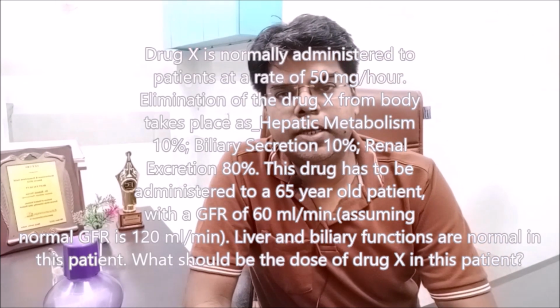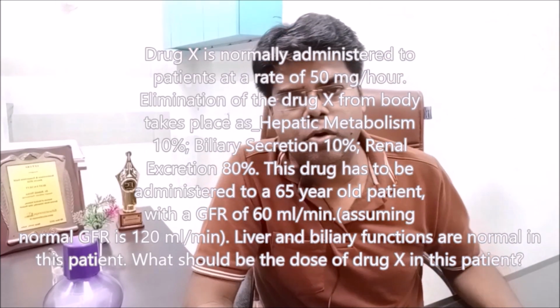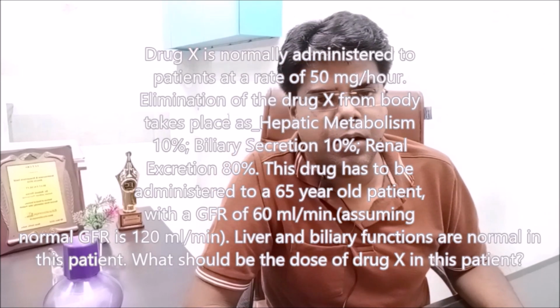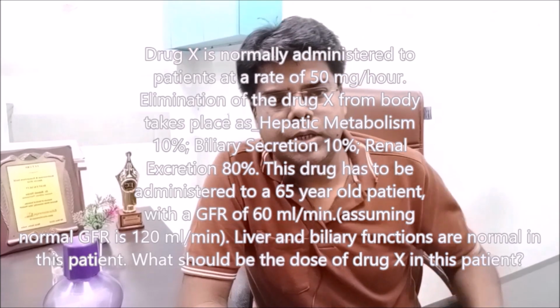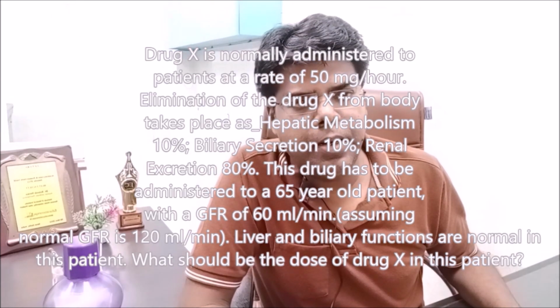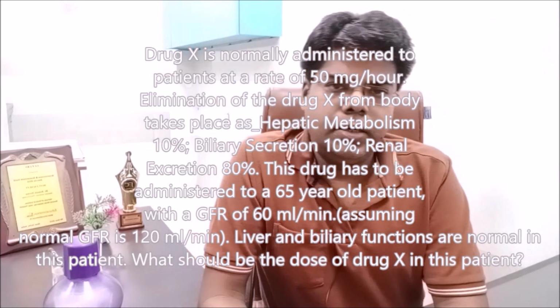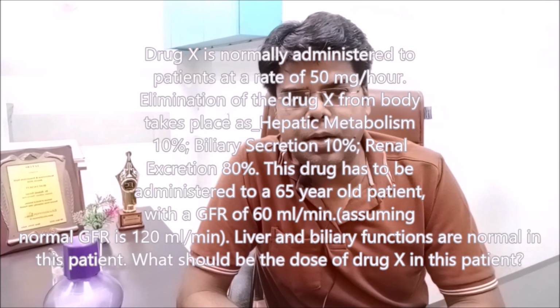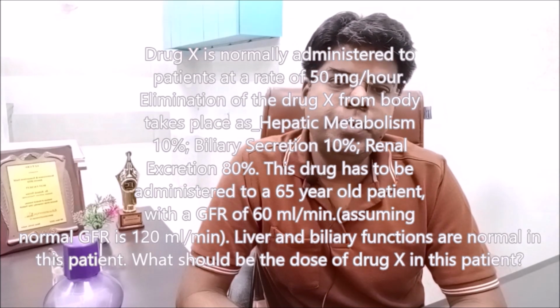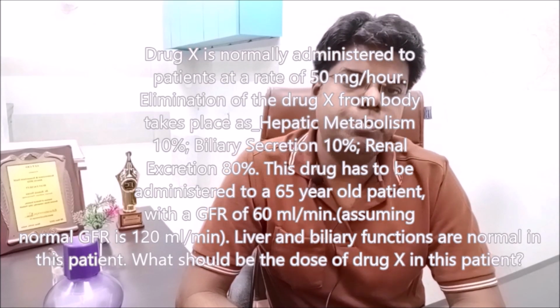This drug has to be administered to a 65-year-old patient with a GFR of 60 ml per minute, assuming normal GFR to be 120 ml per minute. In this question, liver and biliary functions are normal in this patient. What should be the dose of drug X in this patient?